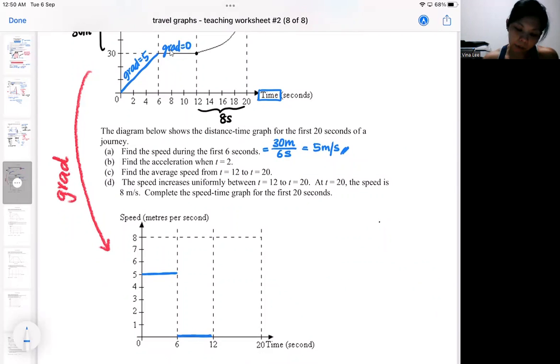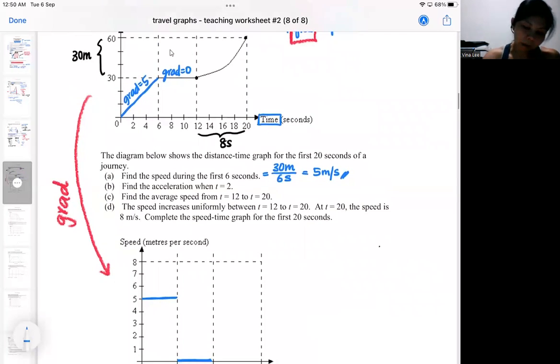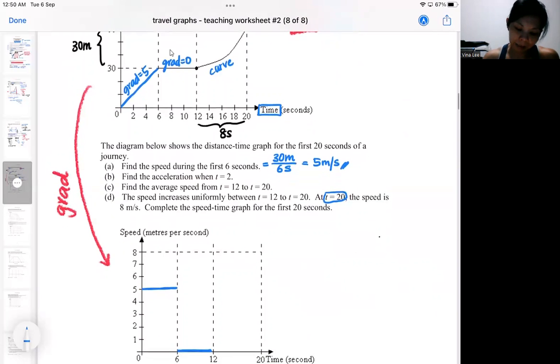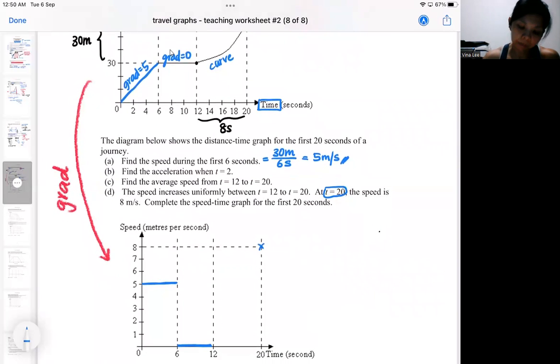And then subsequently, this is a curve. I wouldn't be able to convert the curve, but the question gave us some information. At 20 seconds, the speed is 8.